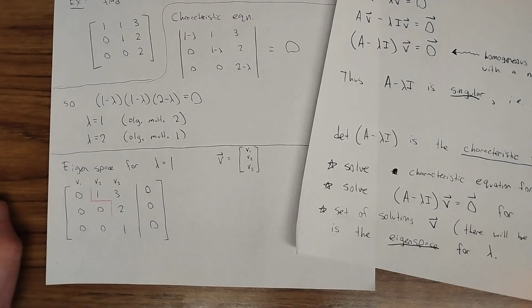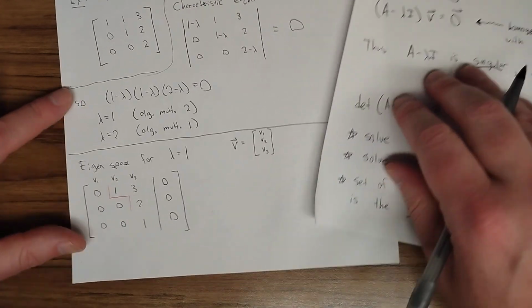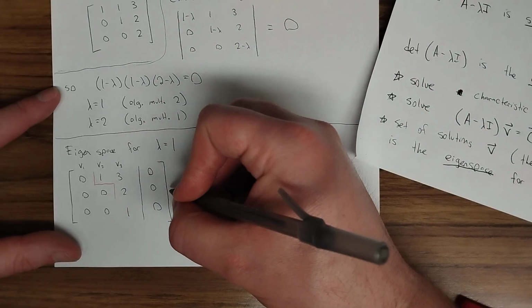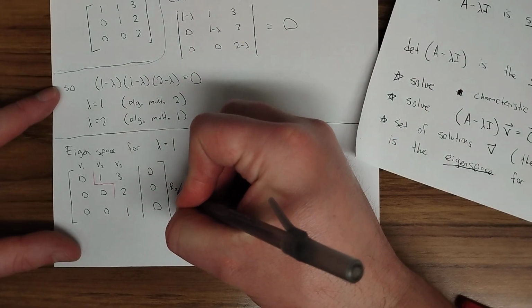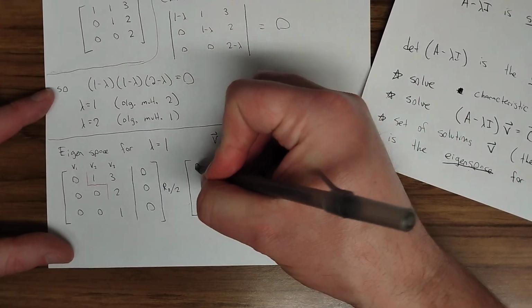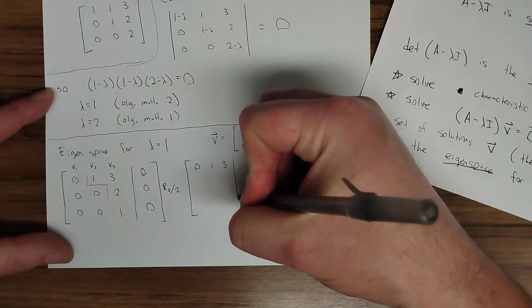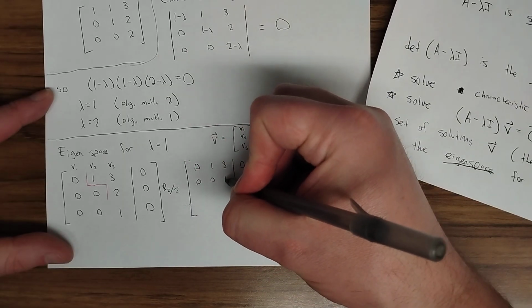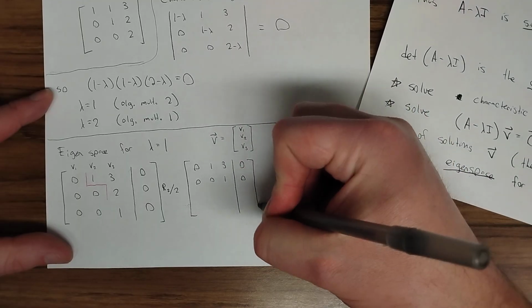I want zeros underneath my leading term. So this is not quite in echelon form yet. Let's get it there. I'd like a 1 here. And this is kind of boring, but I divide this row by 2. And it's easy to see what happens there.